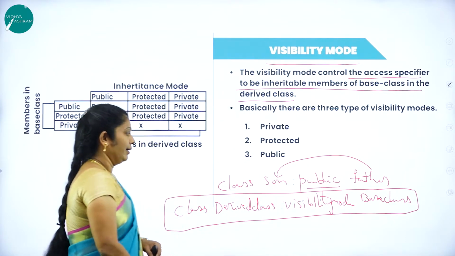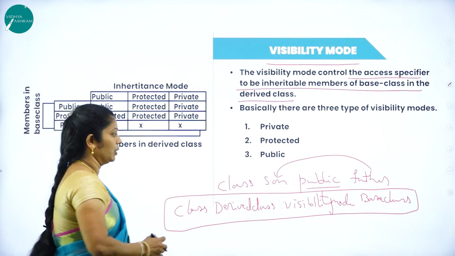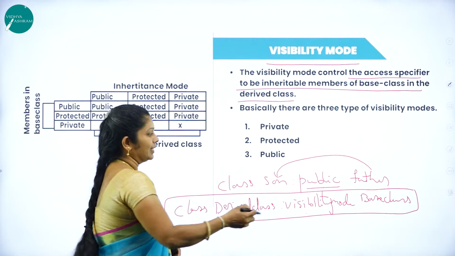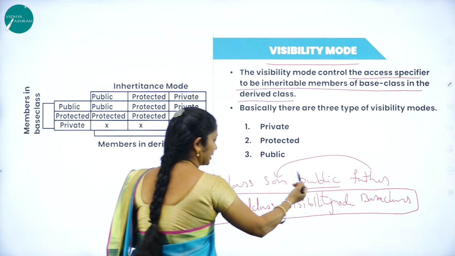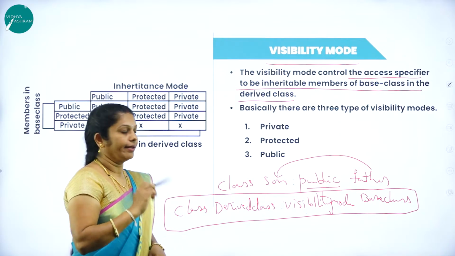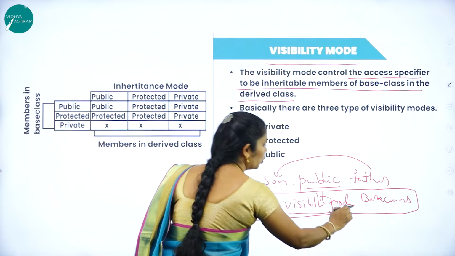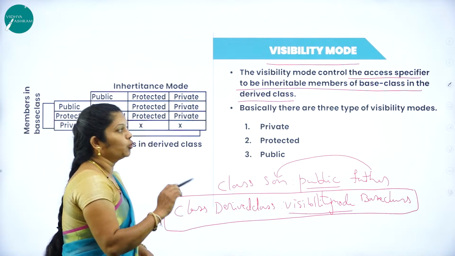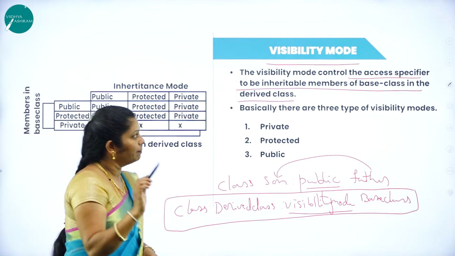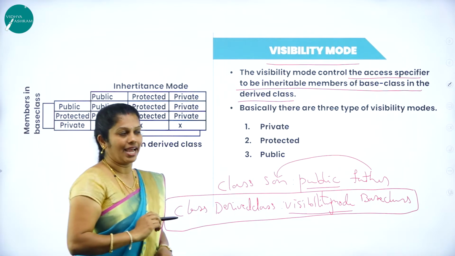This you already came to know in the previous session. Whereas this visibility mode will tell you whether the data and functions of the base class in the derived class can be accessed or not. The visibility mode will control the access specifiers to be inherited members of the base class in the derived class.